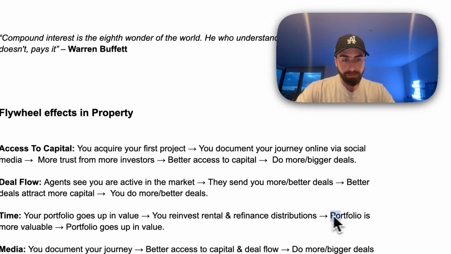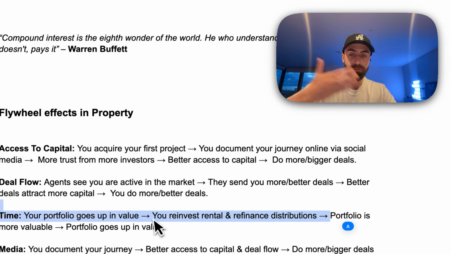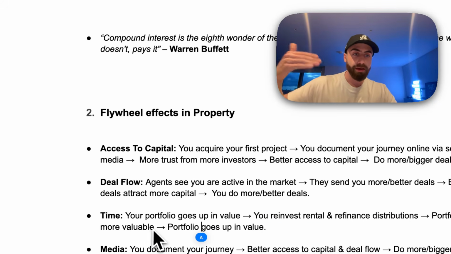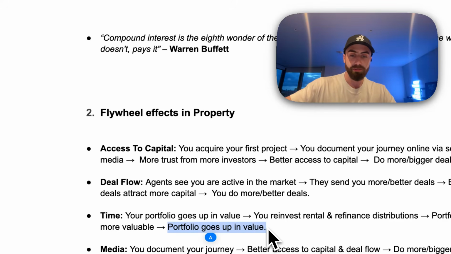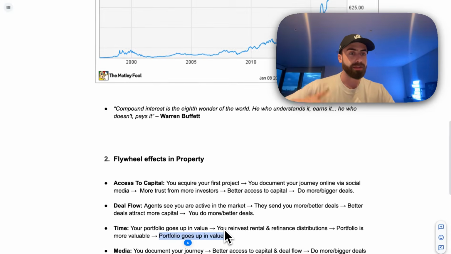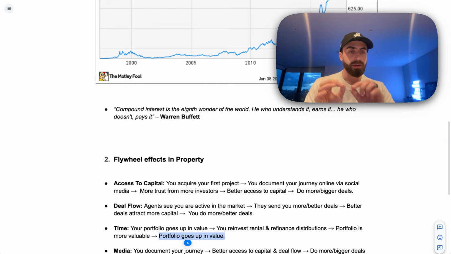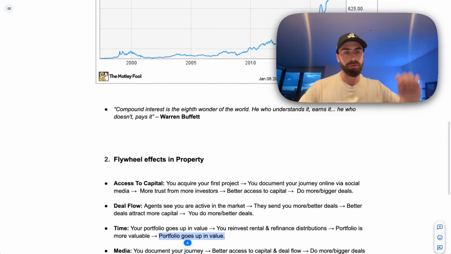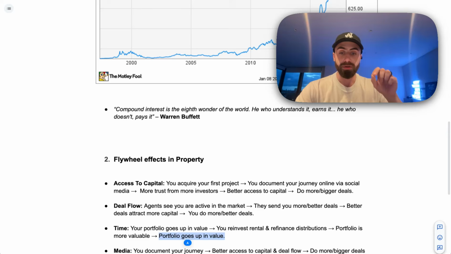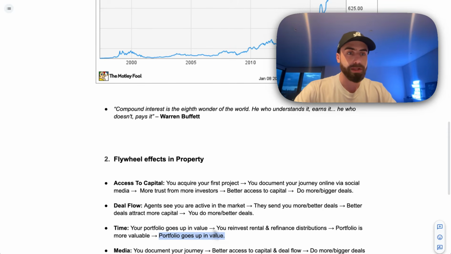And therefore, you can reinvest that into your portfolio to make it more valuable. And then that more valuable portfolio will also go up in value over time, which you can then refinance, reinvest, etc. Again, expand your time horizon over 10 years, 20 years, you'll begin to see how actually compound growth is going to kick in. You've just got to get to that inflection point where actually the magic happens.